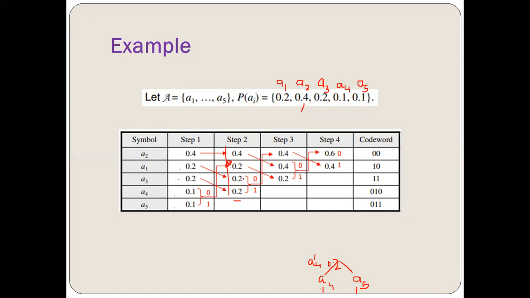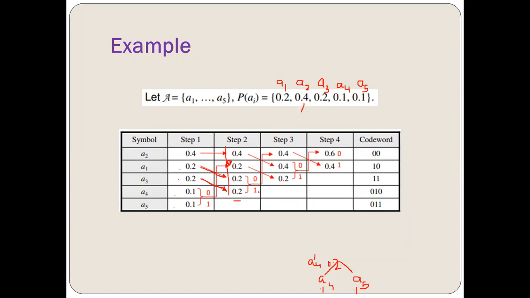Those are A1 and A3, because A1 and A3 have been slid out here, since here we have put the A4 dash. So we are going to add these two symbols and get another new probability.